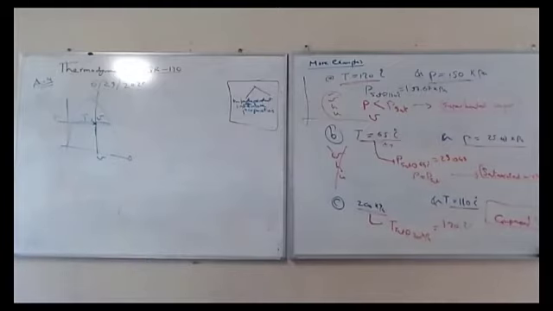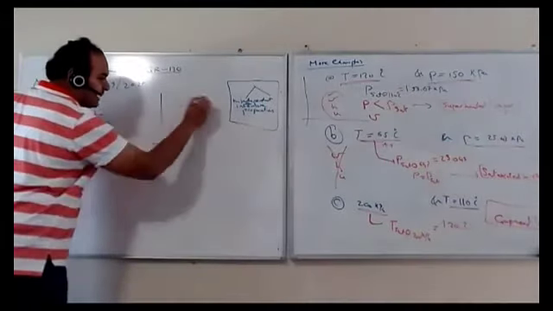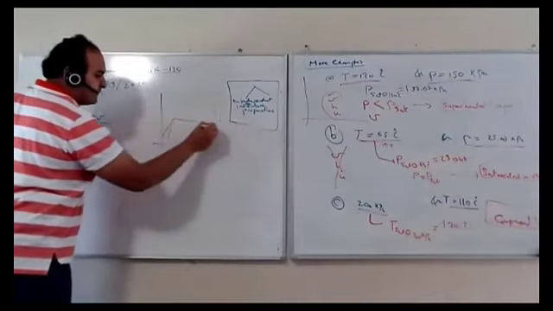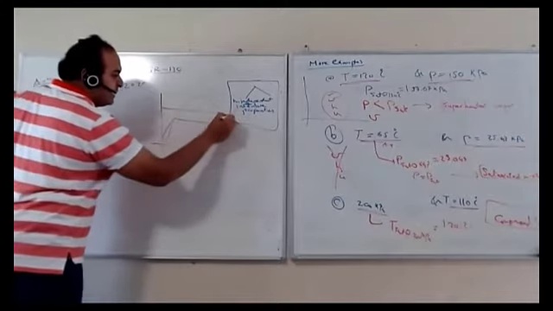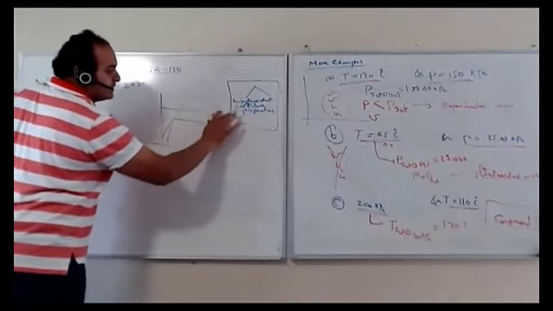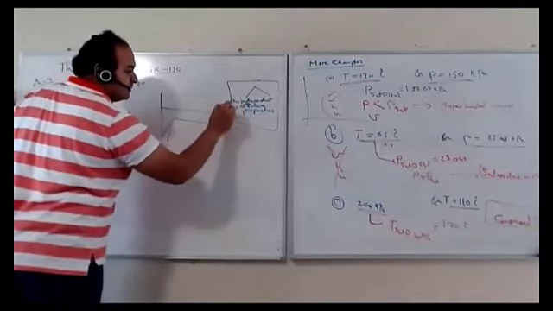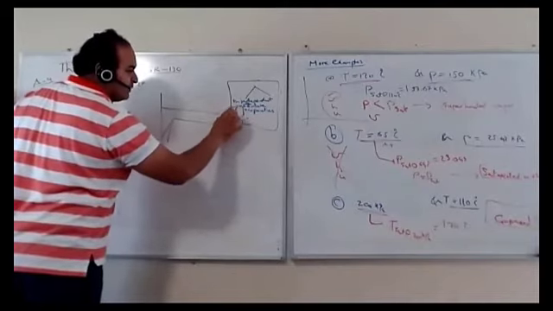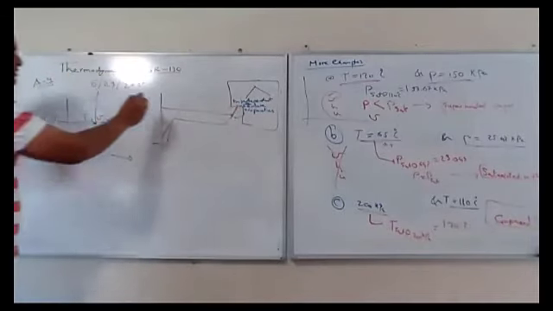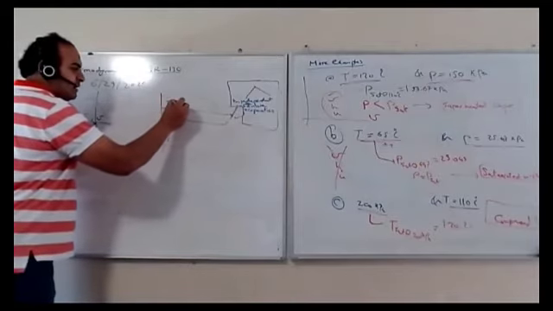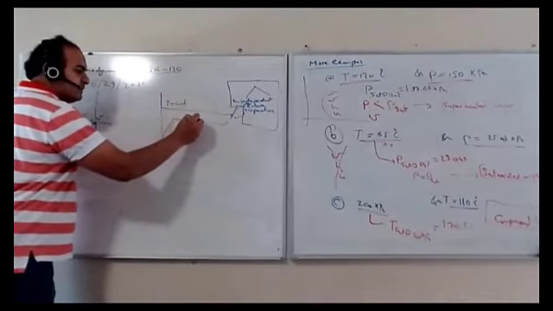So if you want everything about the state, for example, when I plot this, this is the constant pressure line, and this is the temperature equal constant and pressure equal constant.